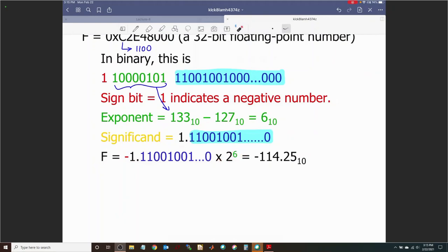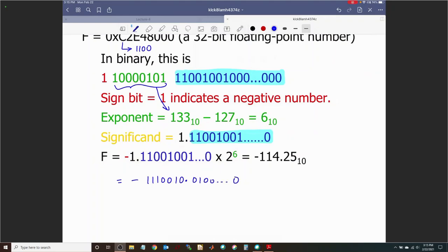So what does that mean? Well, you can do a bunch of things here. One is, because you have 2 raised to 6, that is sort of like moving this particular binary point 1, 2, 3, 4, 5, 6 places and evaluating the number there, right, which is going to be negative 1110010, binary point 0100, all are zeros.